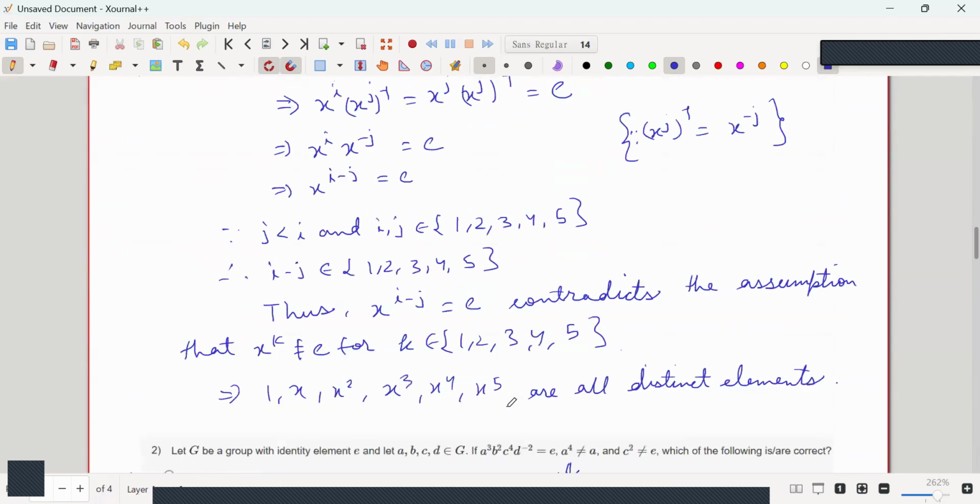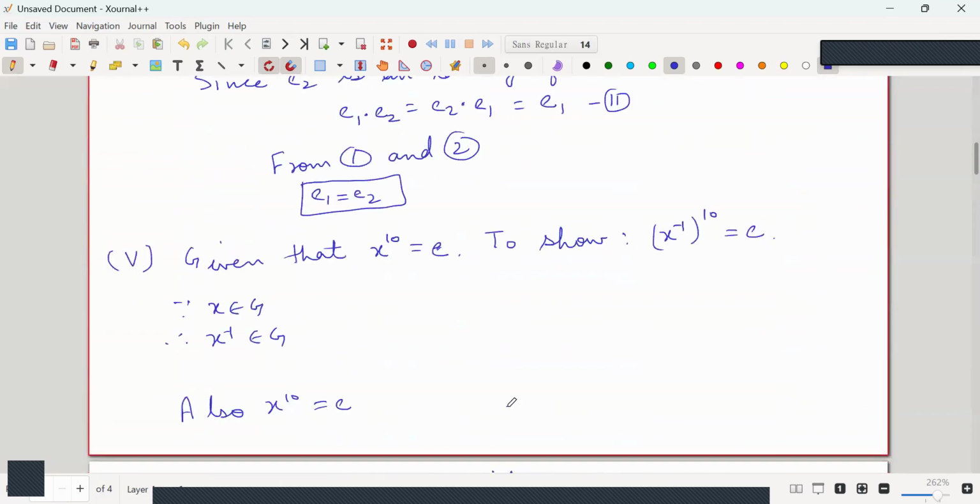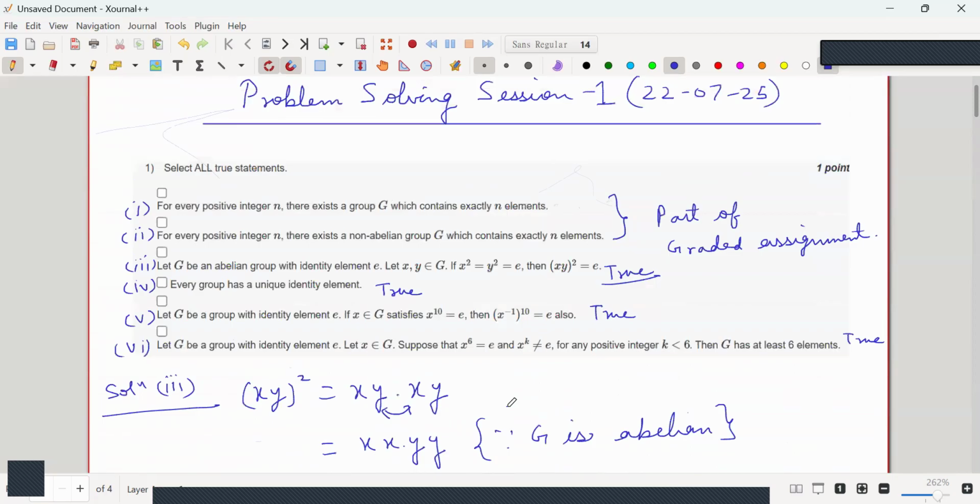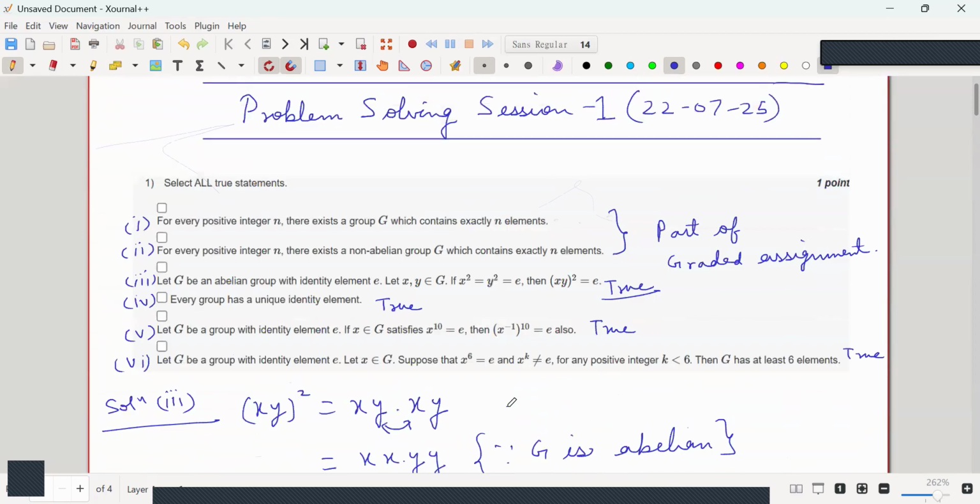We have already shown, see the third part of the first question, that if G is an abelian group with identity E and X, Y are two elements satisfying the property that X square, Y square is identity, then XY will also satisfy this.